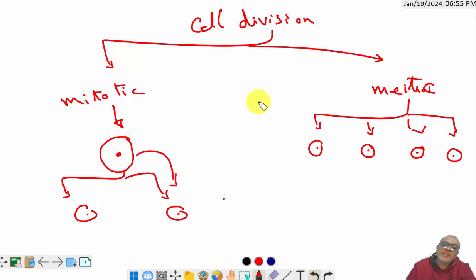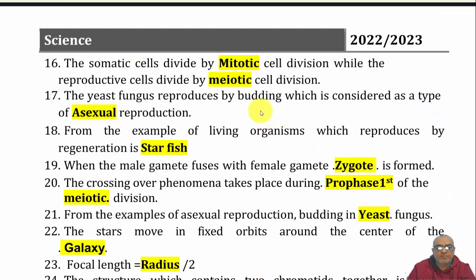So again, cell division contains 2 types of division, meiotic and mitotic. In mitotic division, the cell gives 2 cells, each of them containing the total hereditary substance. While in meiotic division, each cell gets half of the hereditary substance of the parent cell.